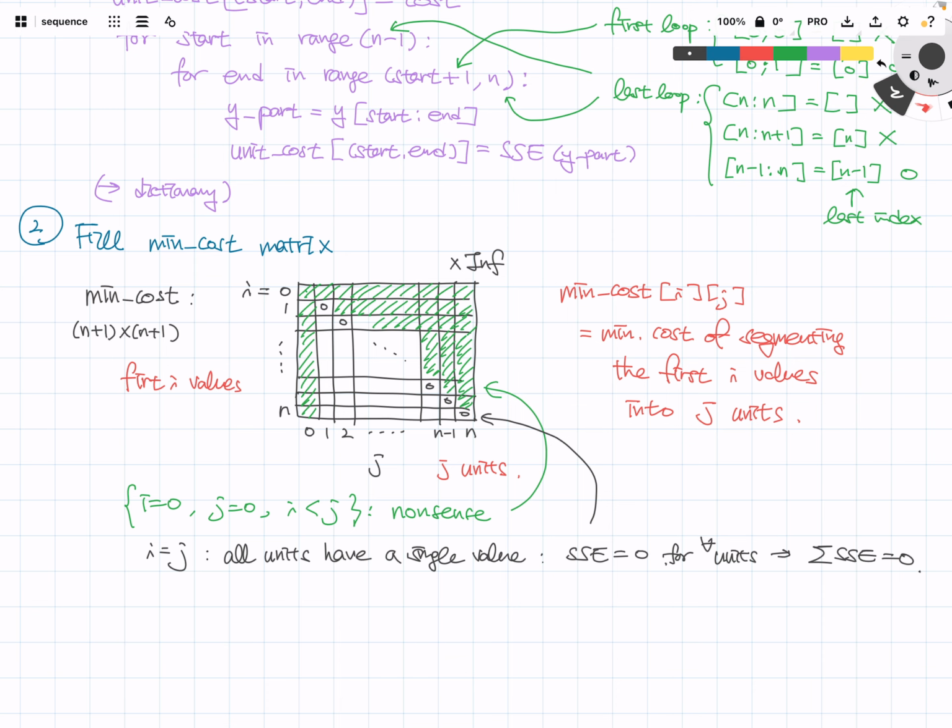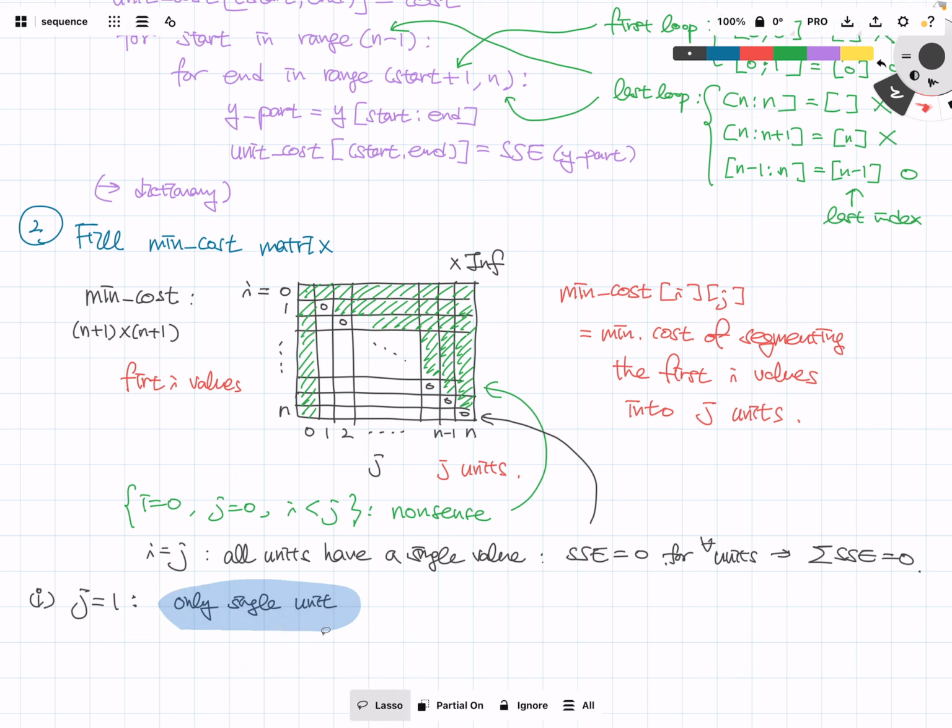And now we will calculate j equal 1 first, because j equals 0 we already know, which means that only single unit, right? So only single unit.